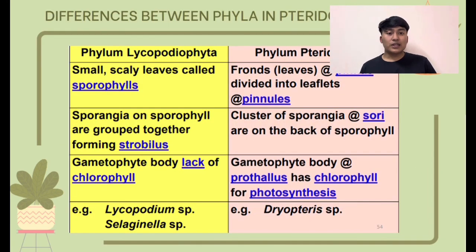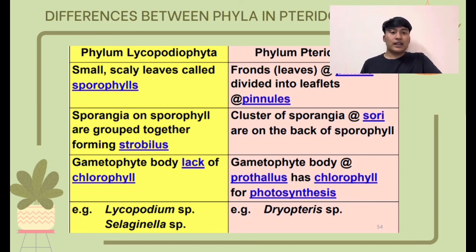We will go to the last slide, which is the differences between phyla in Pteridophytes. The first phylum is phylum Lycopodiophyta, and the second phylum is phylum Pteridophyta. The first phylum has small, scaly leaves called sporophylls.